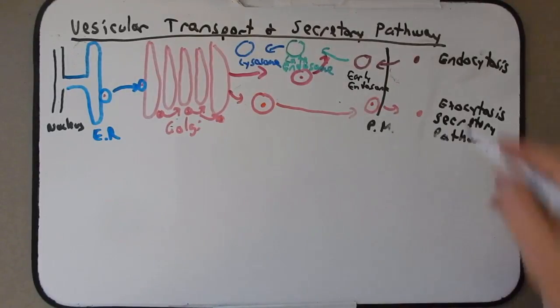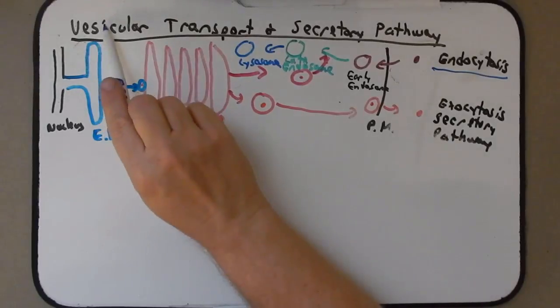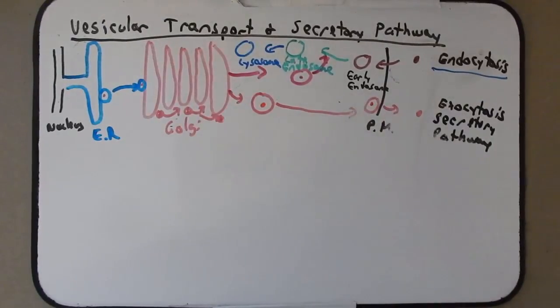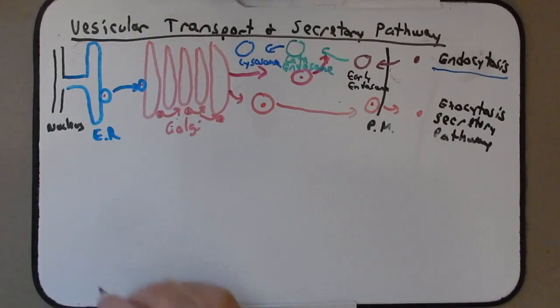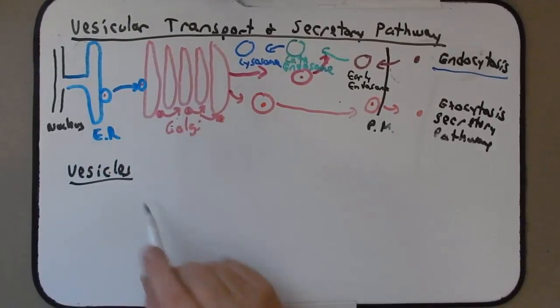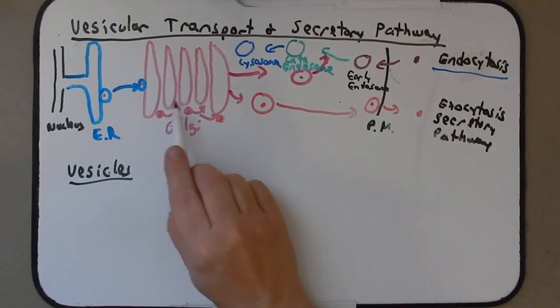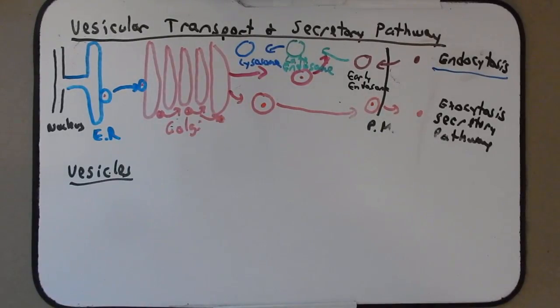And again, we'll talk about this whole pathway later, but in this podcast and the next podcast, we're going to focus on vesicular transport and the secretory pathway. And now I'm going to spend some time talking about, in more detail, vesicular transport. And to begin that discussion, let's talk about the vesicles. We have vesicles that move from the ER to the Golgi, between the different parts of the Golgi, to the plasma membrane, as well as in the endocytic pathway.